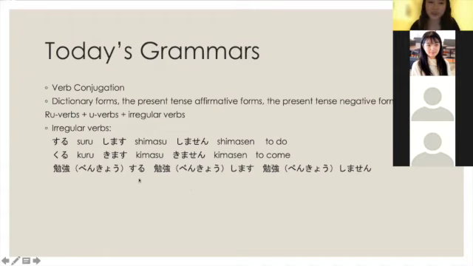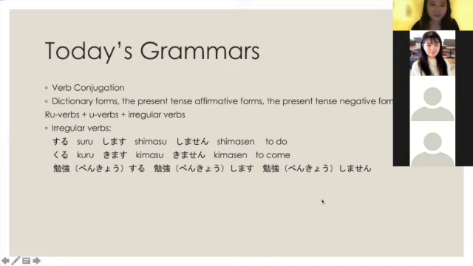We just put suru after benkyo, and it becomes to study. So benkyo suru, benkyo shimasu, and benkyo shimasen. So it's suru, shimasu, shimasen. Kuru, kimasu, kimasen. You just need to memorize these two, then you finish the irregular verbs.